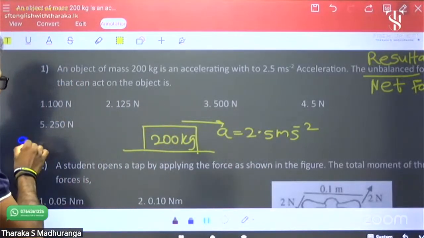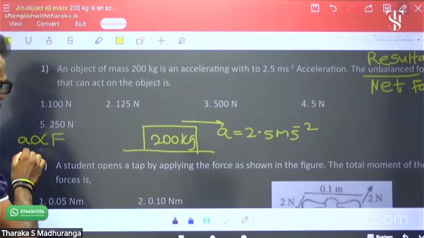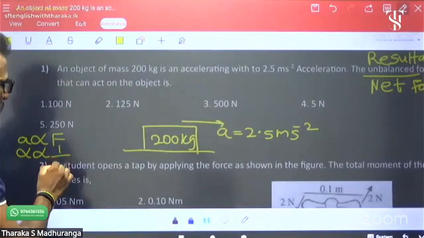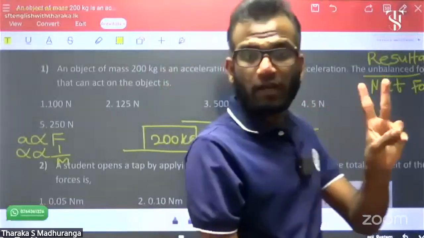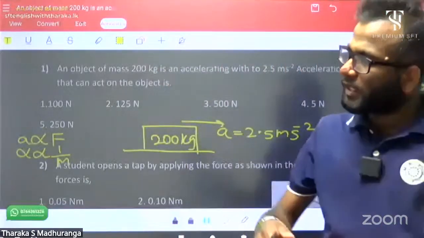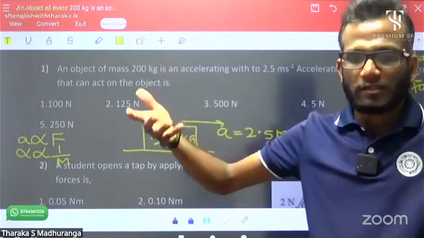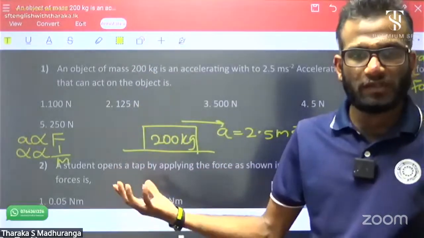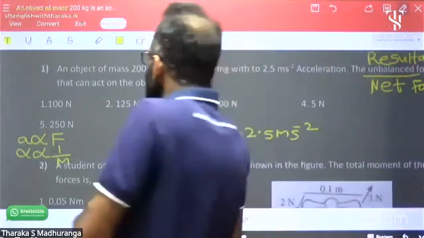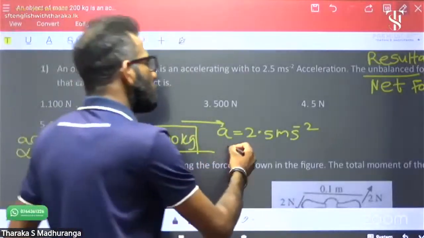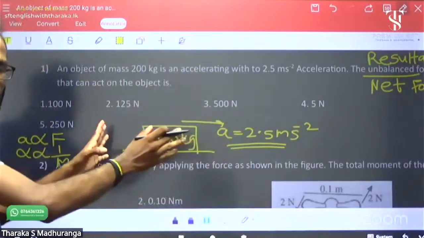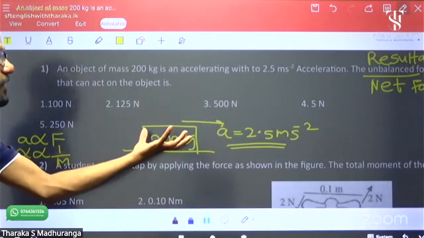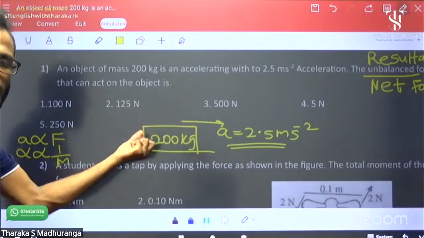This acceleration is directly proportional to the unbalanced force and inversely proportional to the mass. This is the relationship, Newton's second law. If any object is unbalanced, that means it has an unbalanced force or resultant force. Now this object is accelerating. If it is accelerating, it's unbalanced. That's correct. It has a resultant force.